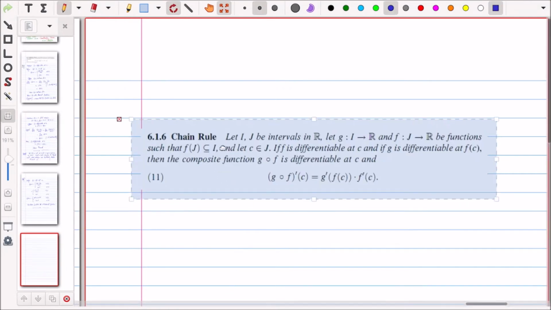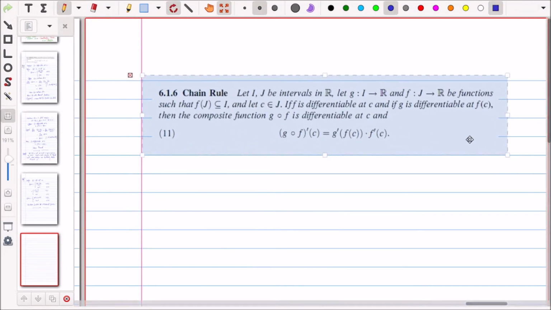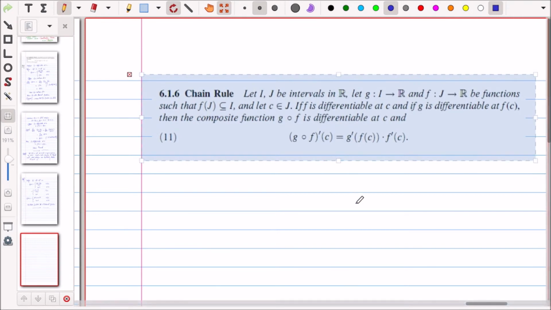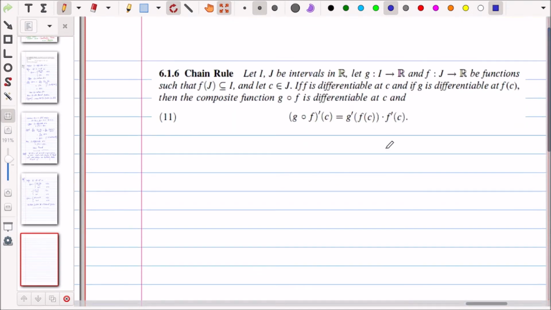Now we are going to prove the chain rule. So we are given two functions.